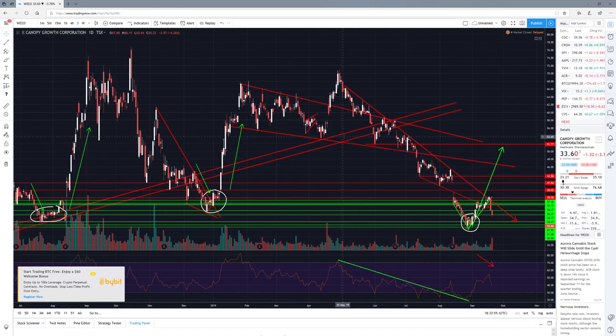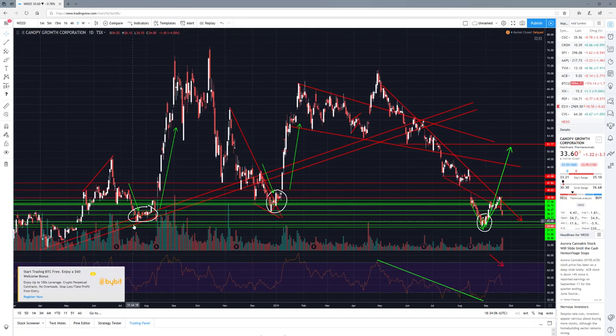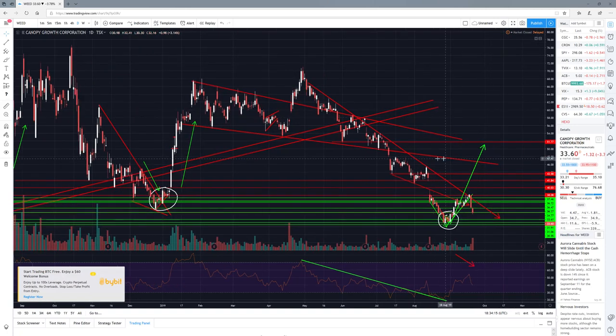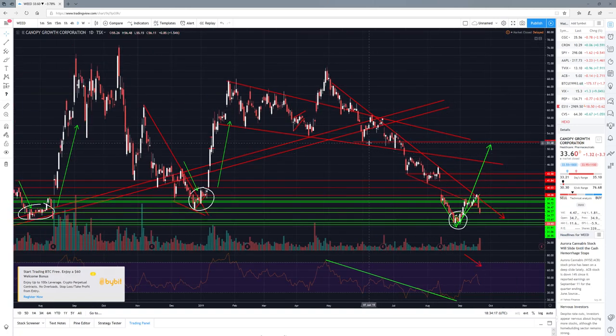So I wanted to trade this because whenever I see huge consolidation, which in this case was huge distribution, like up here, this is huge accumulation. So this is the consolidation levels that were lost.